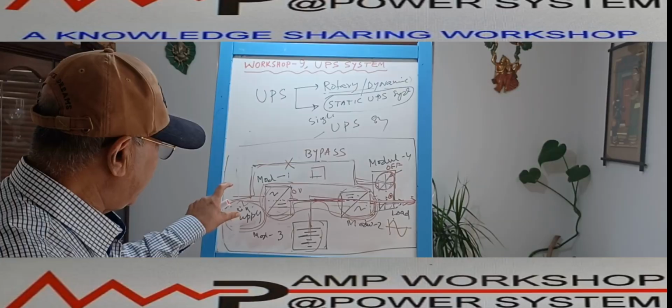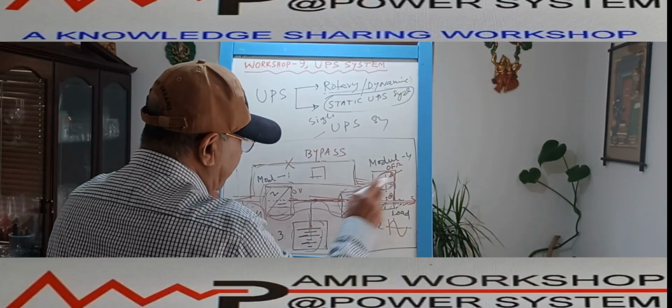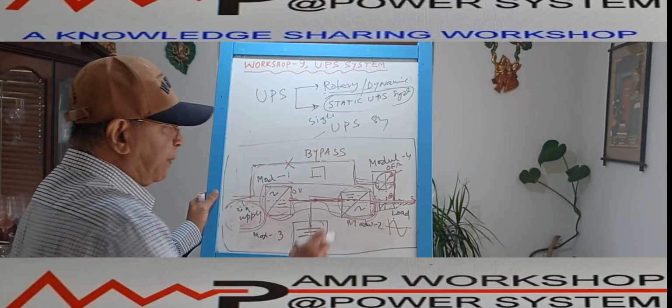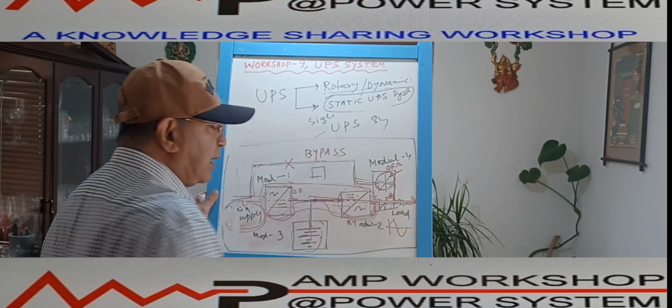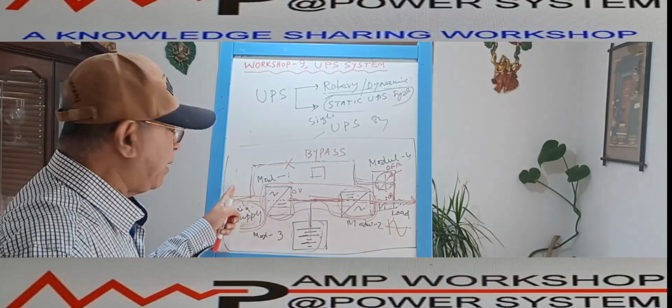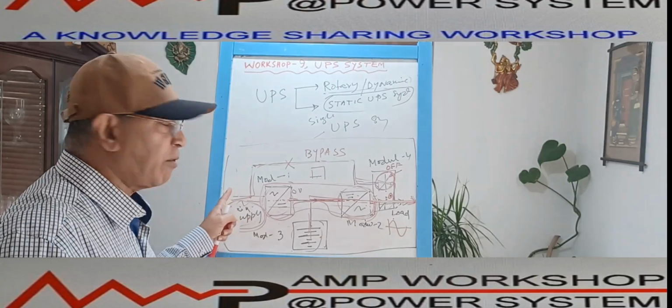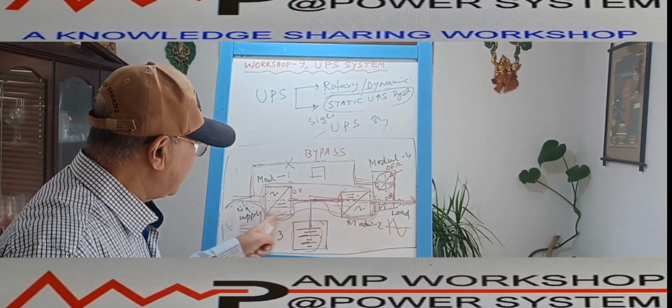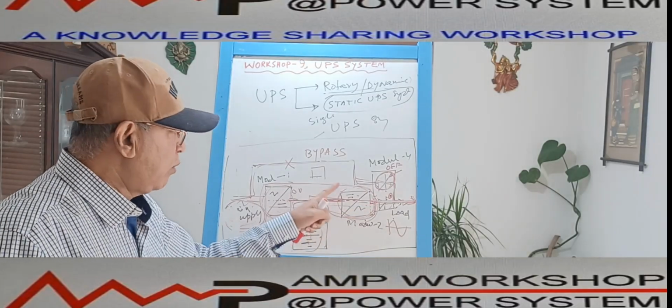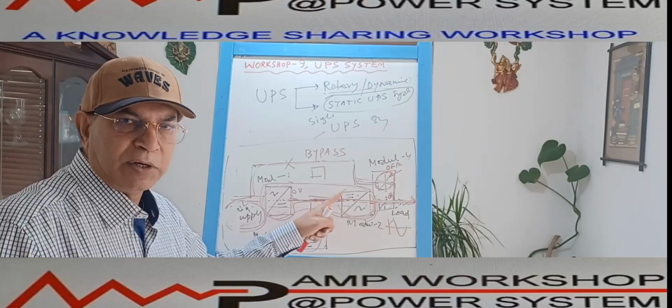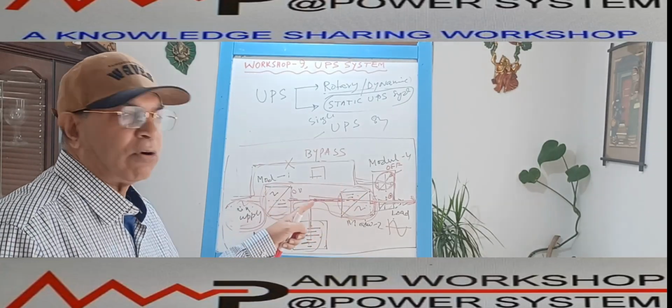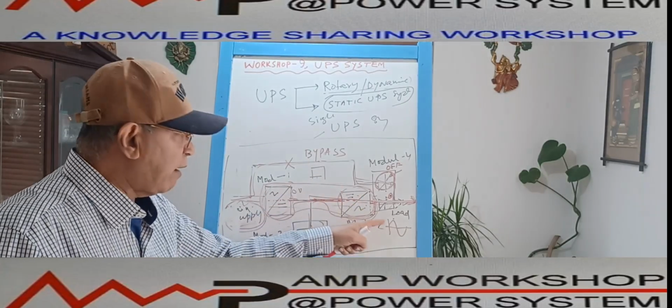But when we use the main supply directly this way, without all the filters, this bypass supply has a lot of harmonics, because the harmonics come from the main line, which is not under our control. In the UPS design, we can control the harmonics and all the ripples, and we can regulate the waveform.